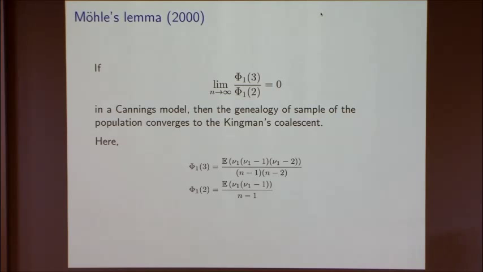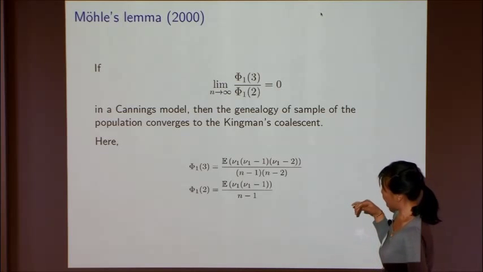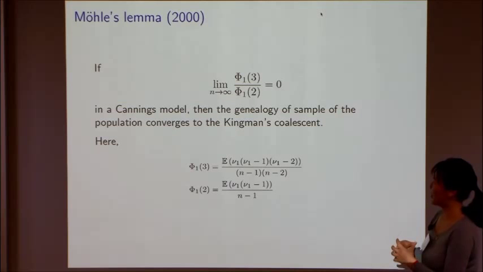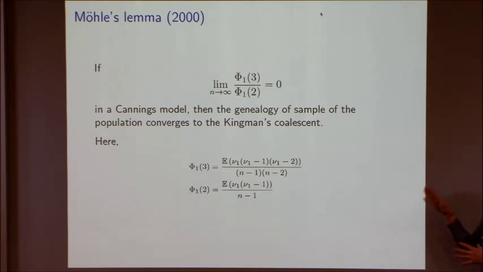So what does this fraction mean? Well, the numerator is approximately, you can think of morally, the probability that 3 blocks merge into 1 block. And the denominator is the probability that 2 blocks merge into 1 block. So all this is saying is that the rate at which 3 merges occur vanishes relative to the rate at which 2 merges occur.